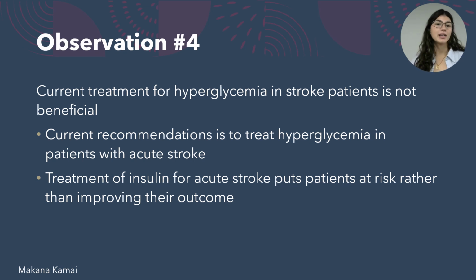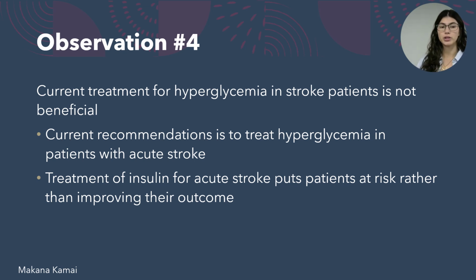Hi, I'm Makana, and I'm going to be discussing observation number 4. This observation revolves around hyperglycemia treatment for patients experiencing stroke. Our researchers were looking for how this was treated, and they saw that the American Heart Association and the European Stroke Organization recommend treatment for patients experiencing hyperglycemia with acute stroke.